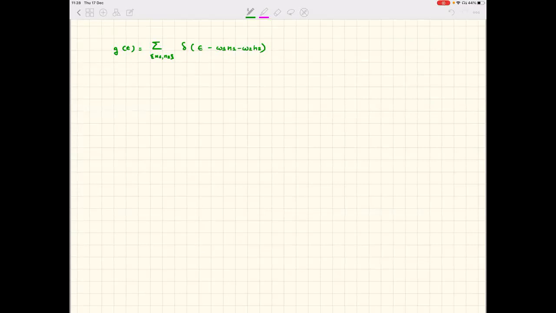Now, this can be seen as the derivative with respect to epsilon of the sum over n1 and n2 of theta of epsilon minus omega 1 n1 minus omega 2 n2. Theta is the step function. You know that the derivative of a step function is a delta function, right? Yes. Okay.